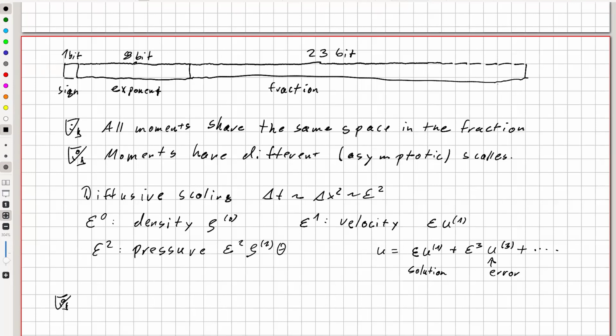So the problem with all of this is that since epsilon to the 0 is much larger than epsilon to the first order, which is much larger than epsilon square, and so on, these variables are, as we say, scale separated.